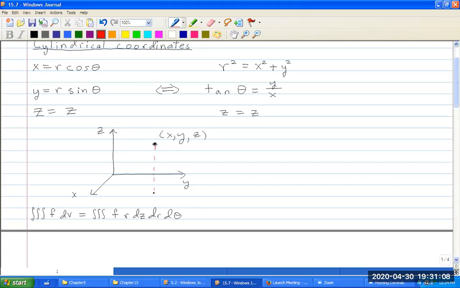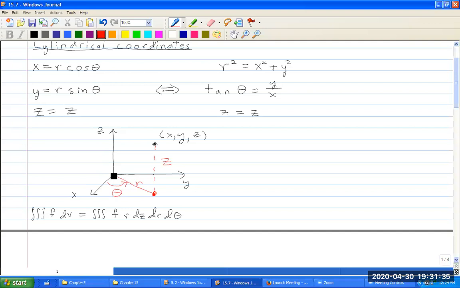So I just project this down into the xy plane. Now I measure this angle theta, this length r, and then this length z.